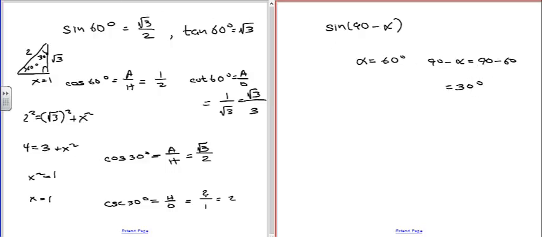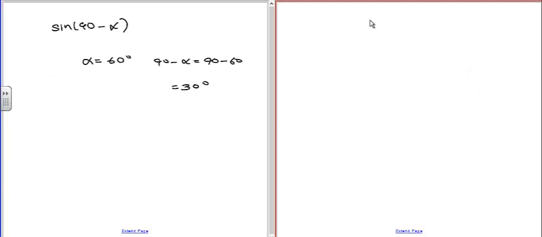Okay, so the second problem in the homework, instead of giving you the angle, tells you that the cosine or sine is something. So I'm going to say the sine of alpha is my example to help you solve this problem. Let's say it's 2/7.